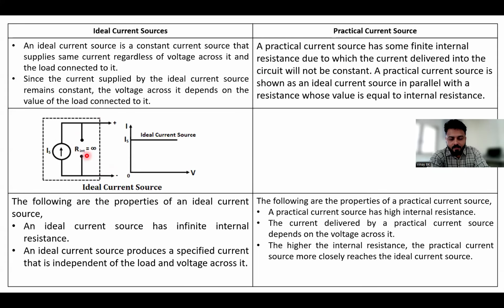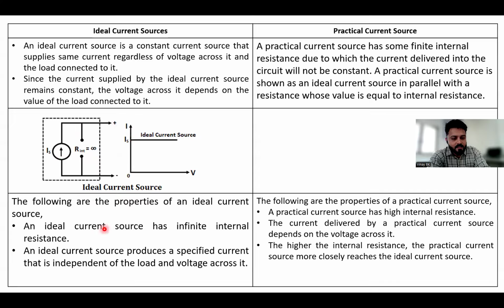For the ideal current source, the internal resistance connected in parallel to the current source is infinite. There is no connection of internal resistance, it is an open circuit, so that the source current, whatever is flowing, is not dividing here, and so we get the ideal current source.